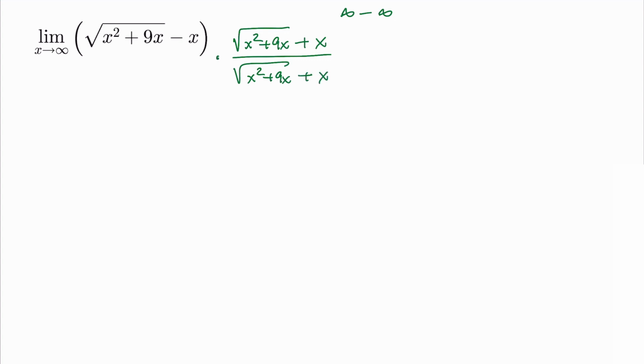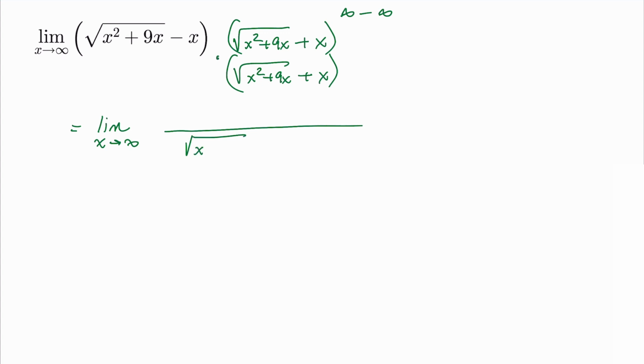So let's see what we have here. I'm going to put these in parentheses here as well. So we have the limit as x approaches infinity of, well, let's just see here. So the denominator is now the square root of x squared plus 9x plus x.